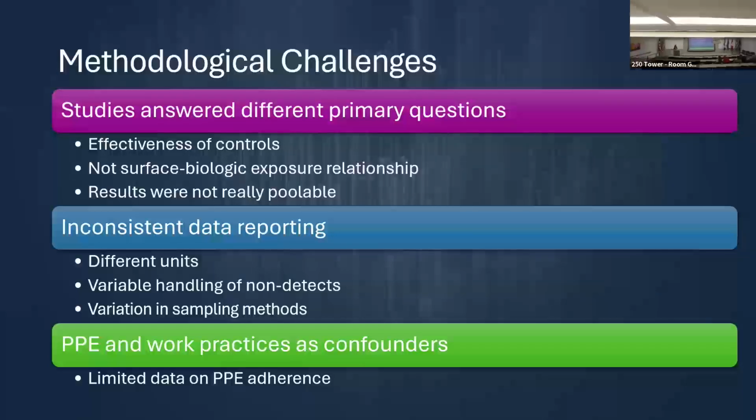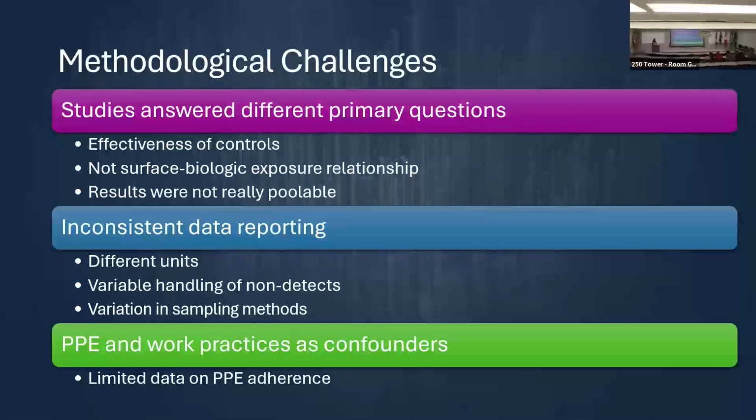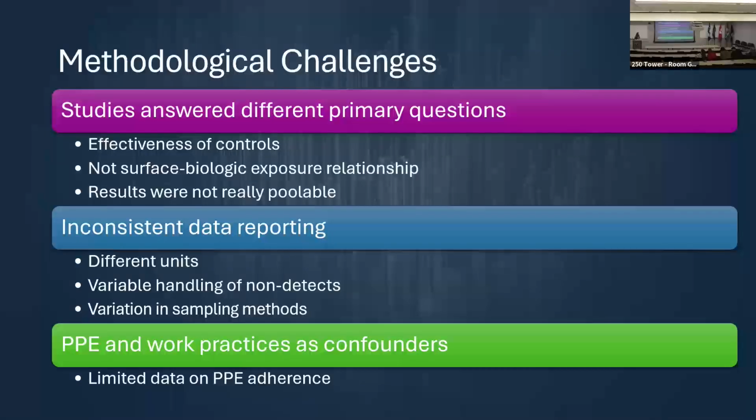But a lot of the studies that it was looking at were asking, are controls working if we implement a different type of ventilation, for example, or a different type of engineering device, like a closed system transfer device? Are we seeing a decrease in contamination, and are we seeing a decrease in absorbed dose? Because the studies were looking for a different way to interpret their data, the way they collected their data didn't really lend itself to answering the question posed by this study.